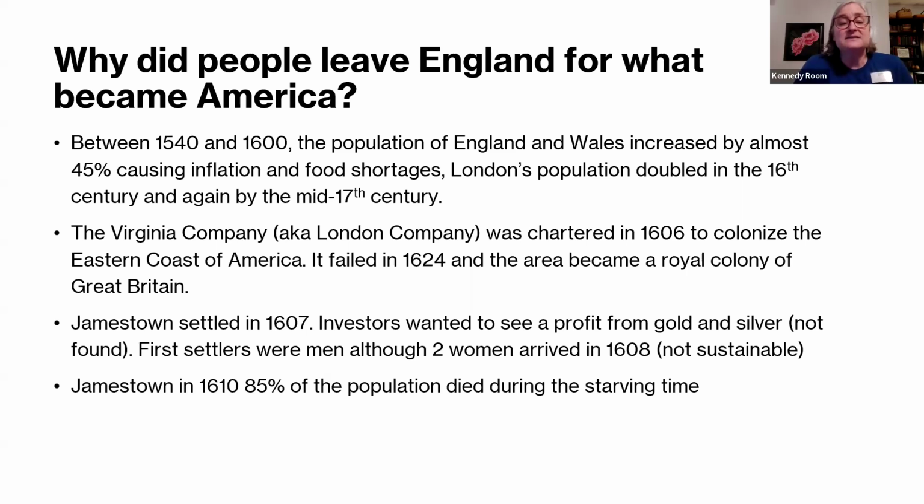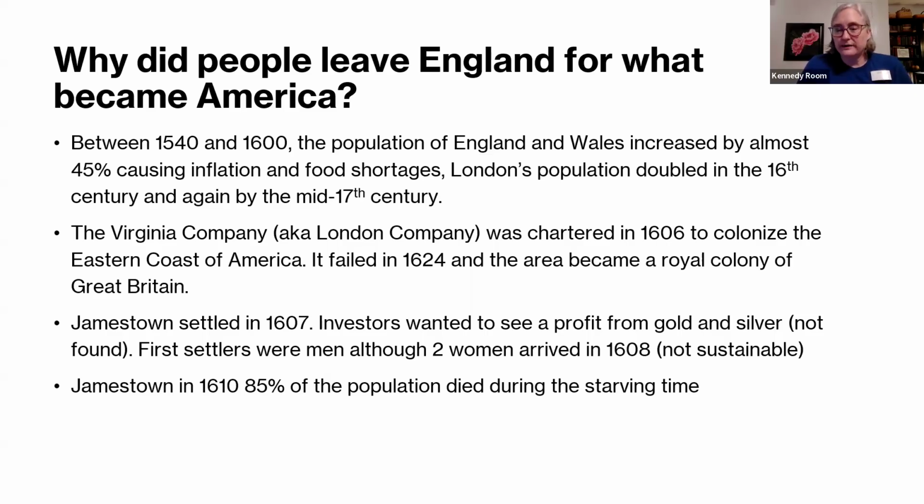Jamestown in 1610 had a small population, but 85% of them died during the starving time. So being in the colony of Virginia in those early days was incredibly hard work, and it was dangerous.